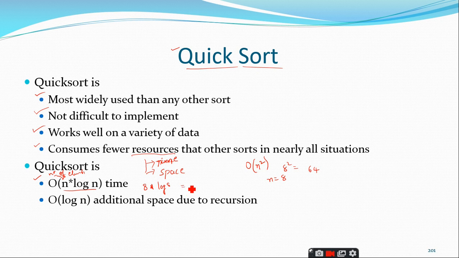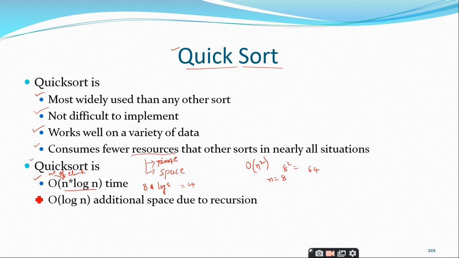So, it will be around 24. This is the advantage we get from the quicksort algorithm. That is, it takes very little time, that means it executes faster, and that is the reason why we call this algorithm quicksort.